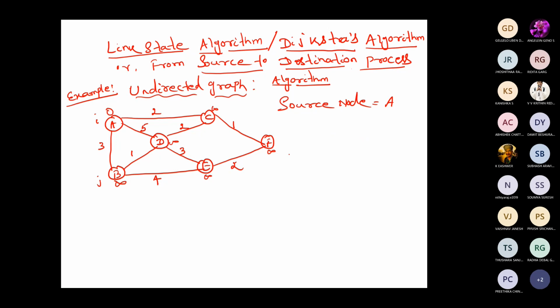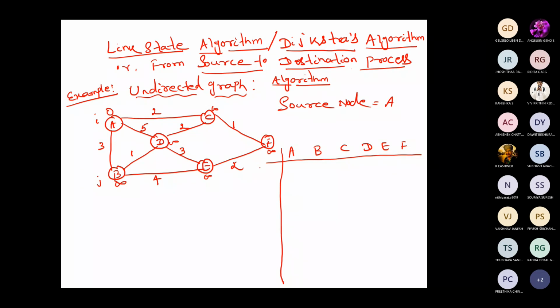Suppose here A, B, C, D, E, F. Draw a line like this. Okay guys, so first we will start from A. What is our condition?